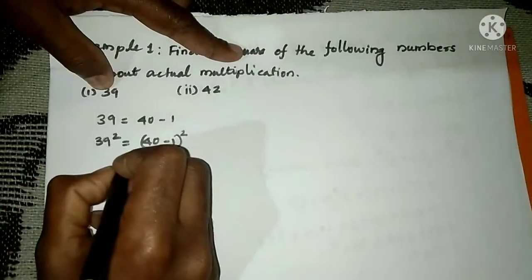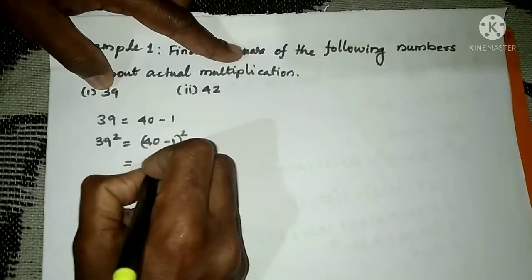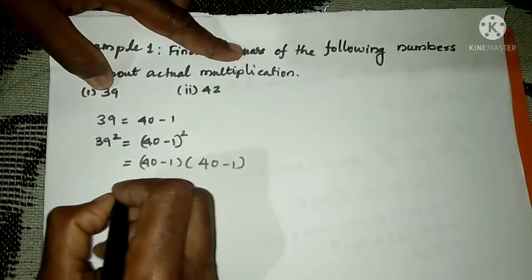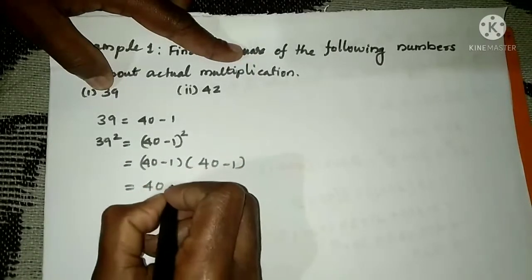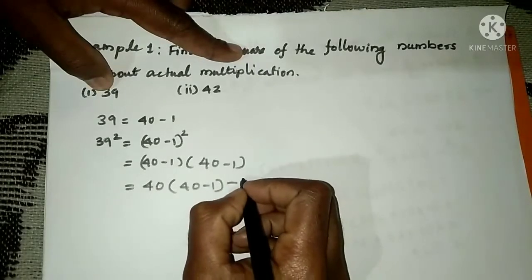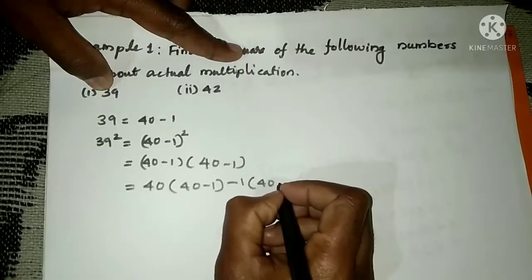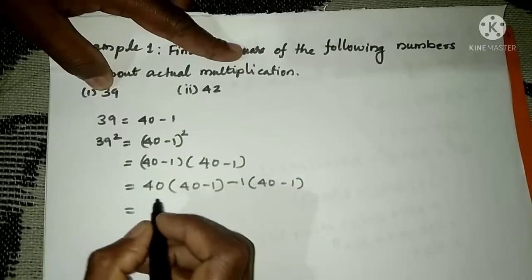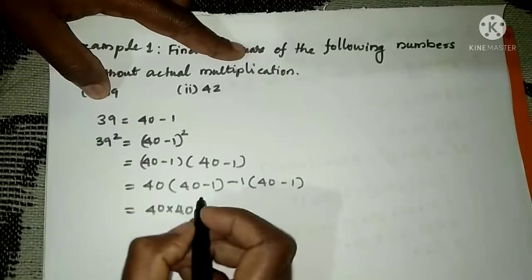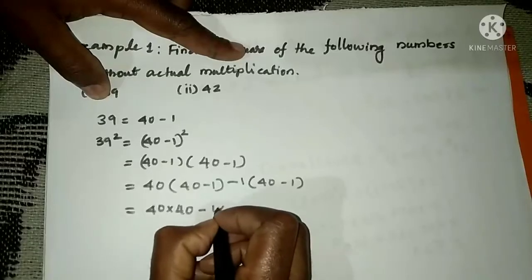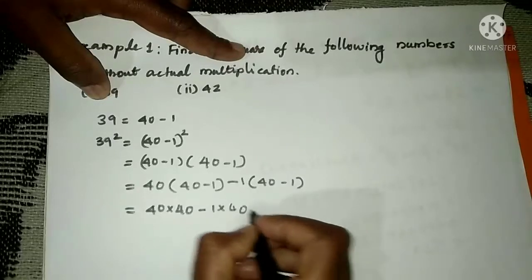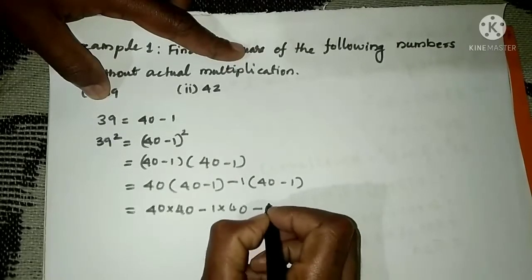So we can write this as 40 minus 1 times 40 minus 1. Further, this can be written as 40 into 40 minus 1, minus 1 times 40 minus 1. So we can multiply 40 times 40, minus 1 times 40, minus 1 times 40.